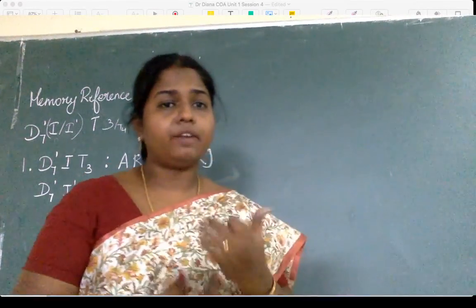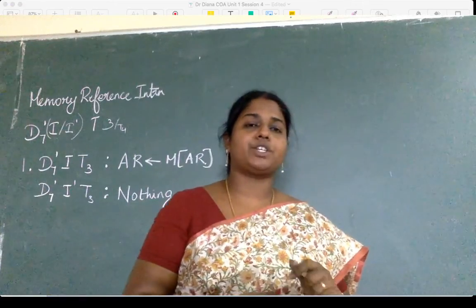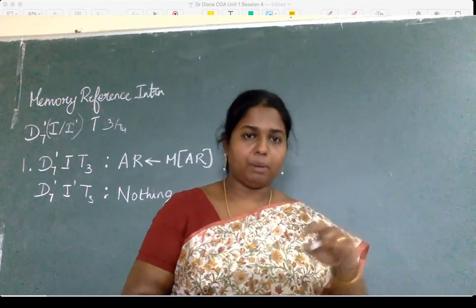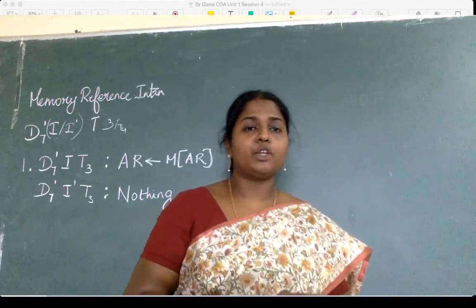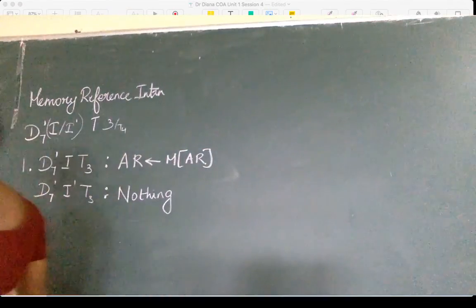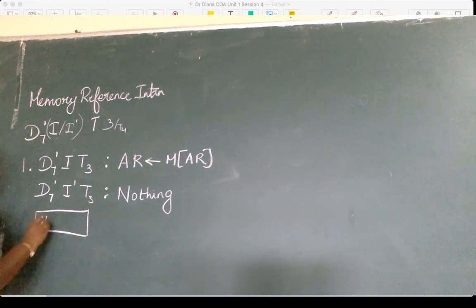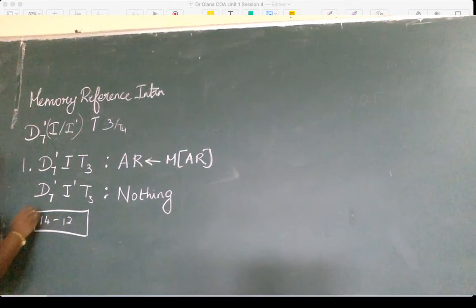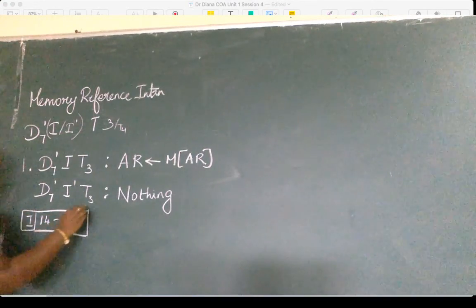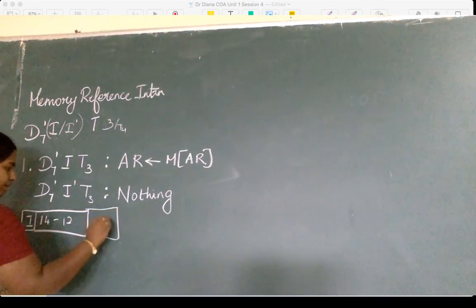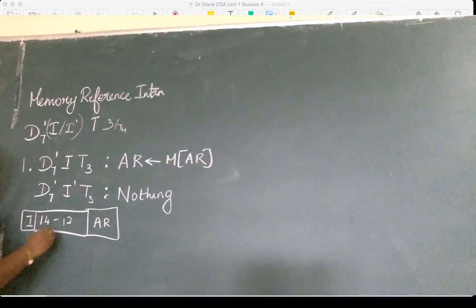To identify what type of instruction we are going to use in the memory reference category, we are using bits 14 to 12 of the instruction. So this is my instruction format.